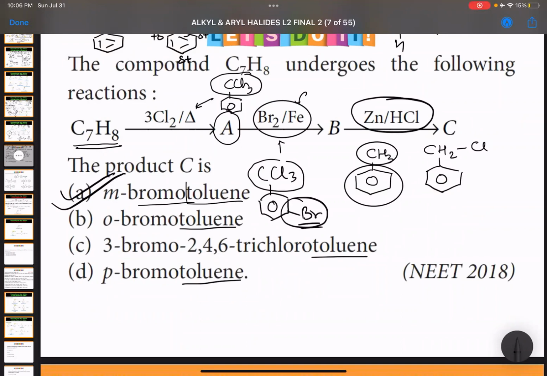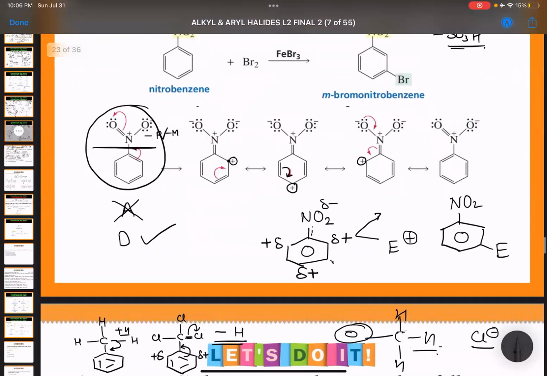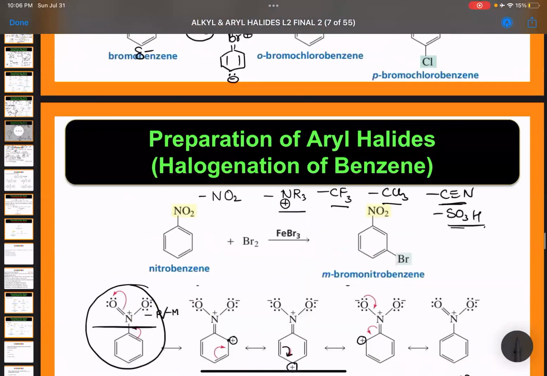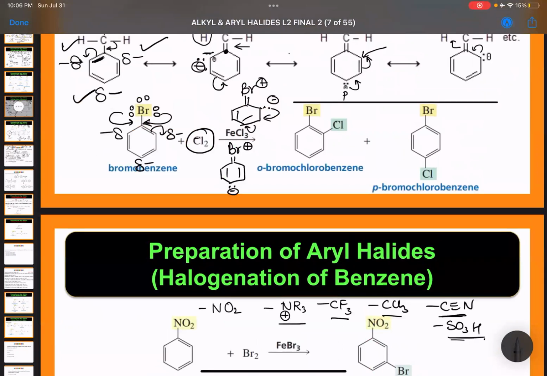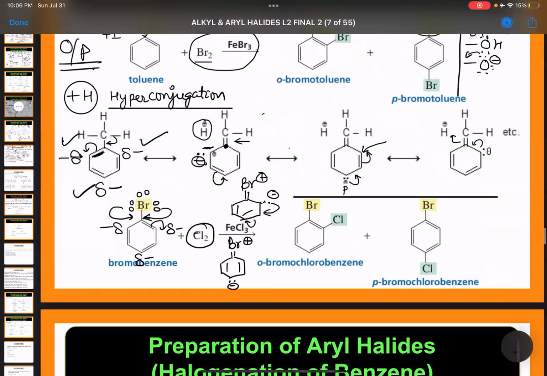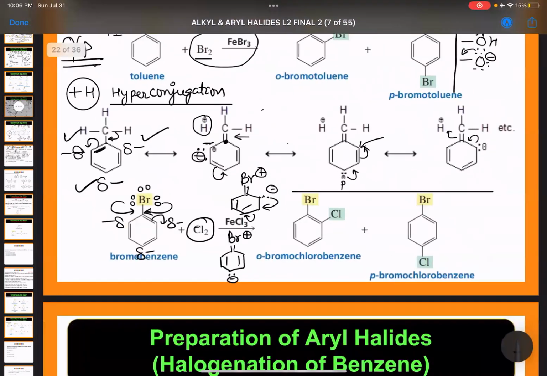The reason is this bromine is in resonance with the benzene. And this carbon bromine bond, due to its resonance, as you can see over here, wherever this resonance is, the outer group is interacting with the benzene by means of resonance. The bond between the group and the benzene acquires double bond character. You can see at all these places.